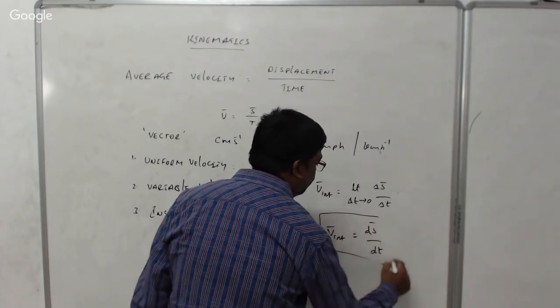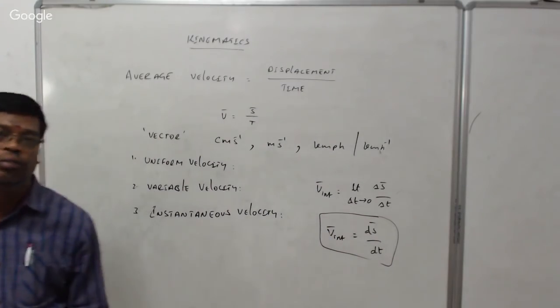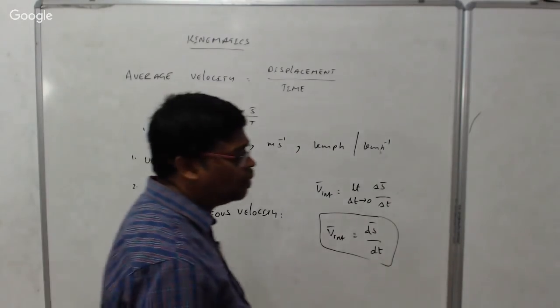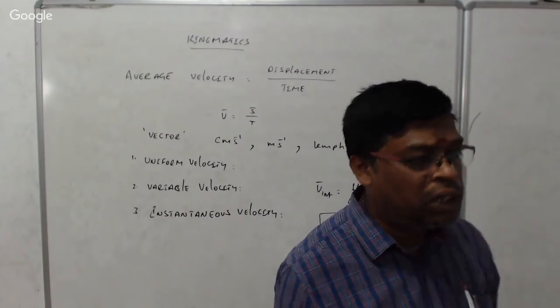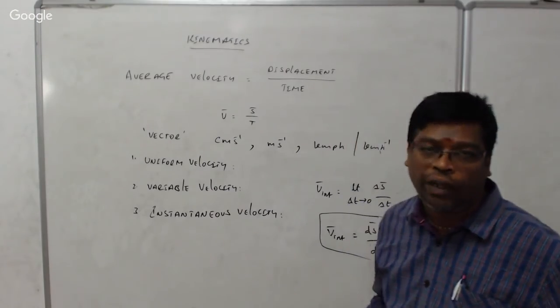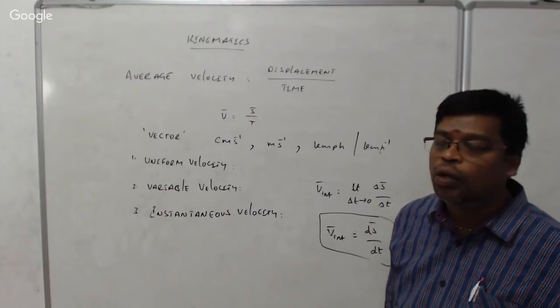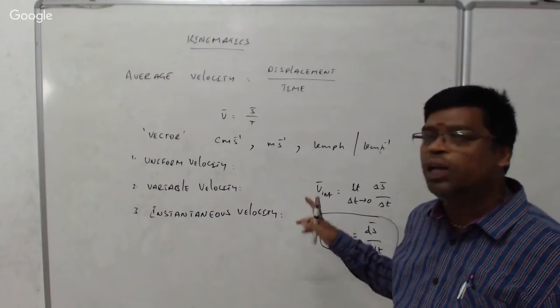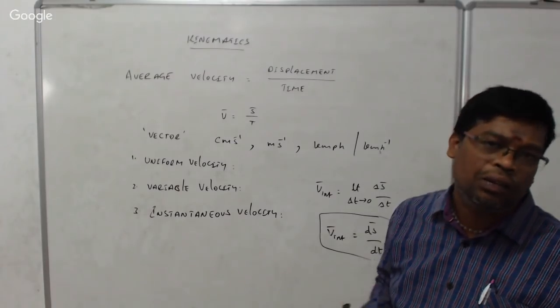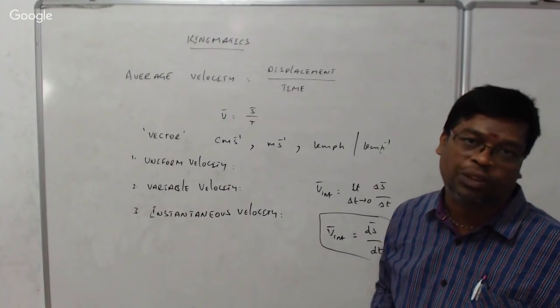This is the formula for instantaneous velocity. Understood? There is no difference between terming a speed and velocity. Just speed is a scalar quantity, velocity is a vector quantity. For a vector, there will always be a representation, that is an arrow mark over its head. So that is the easy, understandable concept.